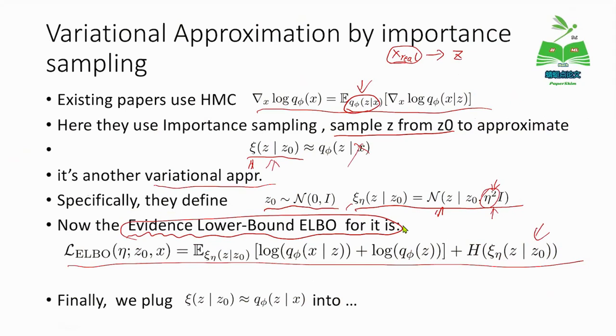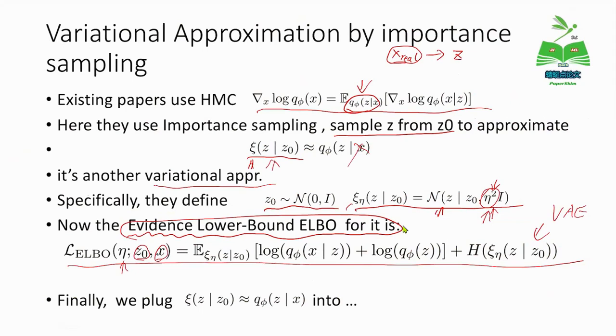I hope this is something similar to VAE. You use this one to optimize the eta. It's a lower bound. It uses the z0 and x to optimize the eta.